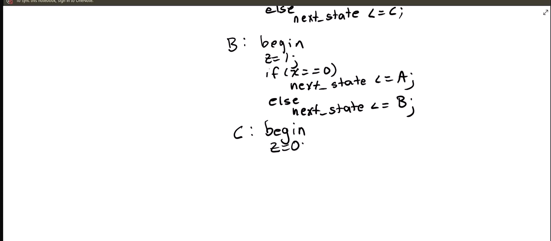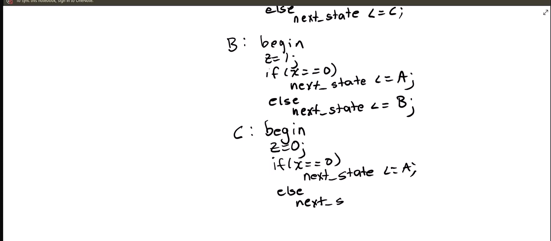Z equals 0. And then if X equals 0, next state is A, else next state is B, I think, right?